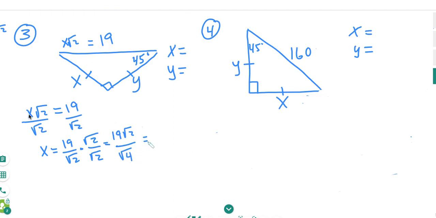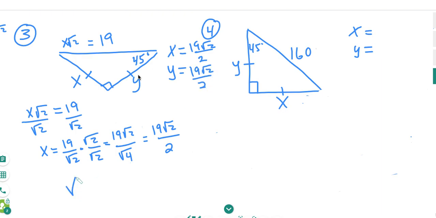The square root of 4 is 2. So the lengths of our two legs, x and y, are going to be 19 square roots of 2 over 2 and 19 square roots of 2 over 2.